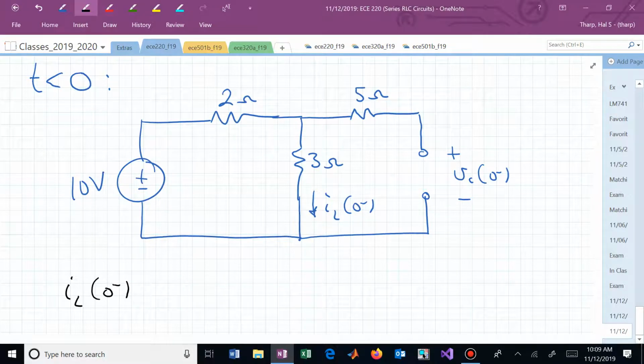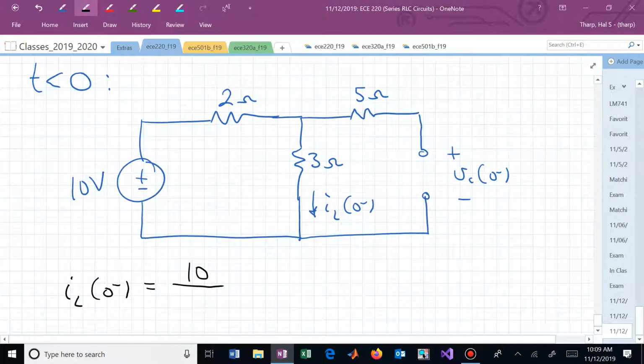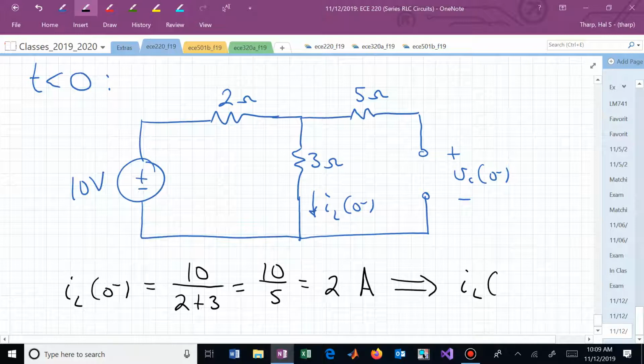There's no current flowing in that second partially connected mesh. It's not even a complete mesh. We really just have the one mesh, the one loop. We can now say this is 10 over, so now we know I sub L of 0 plus.